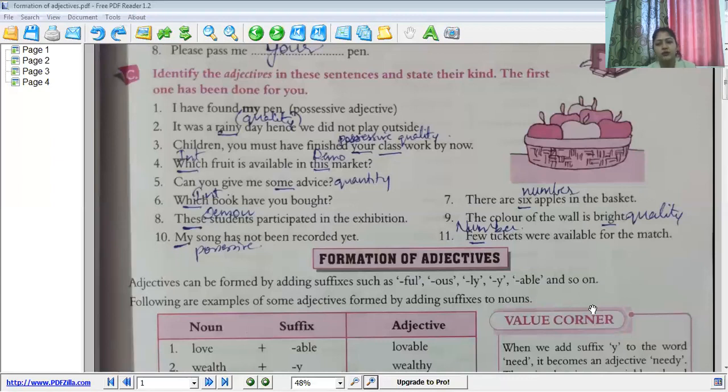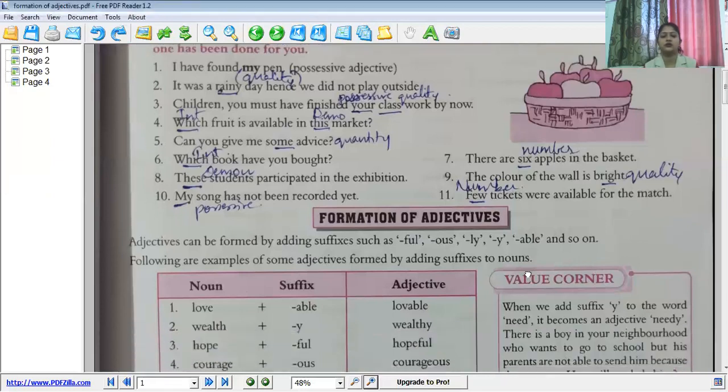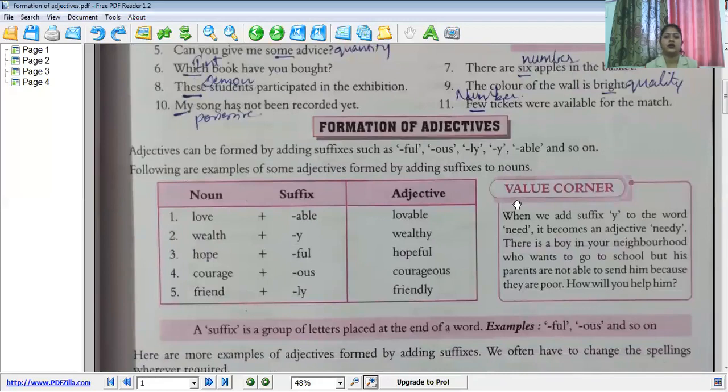And now we will move forward to the explanation of the formation of adjectives. Okay, children? Adjectives can be formed by adding suffixes such as ful, ous, ly, y, able, and so on.